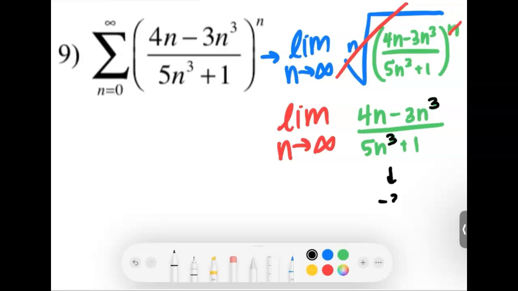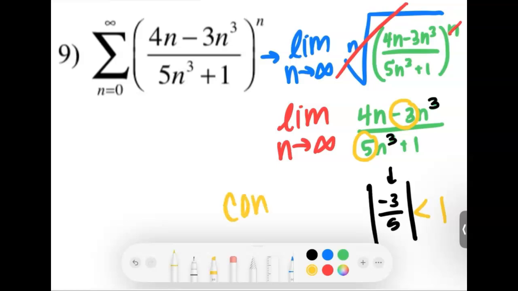And so it will be a negative 3 over 5. And again, that's where the absolute value comes in. The fact that our coefficients are less than 1 makes this converge.